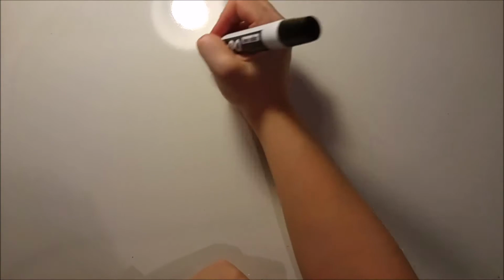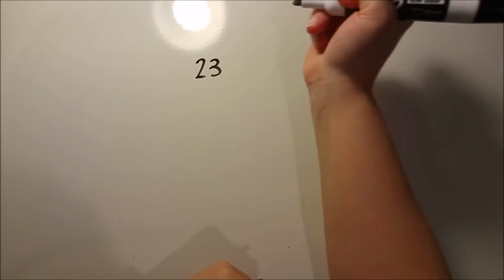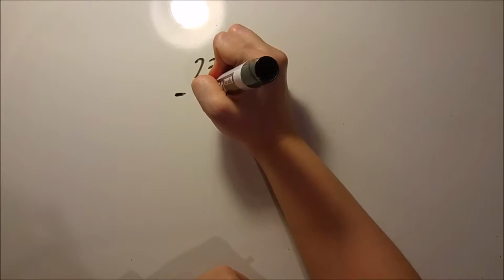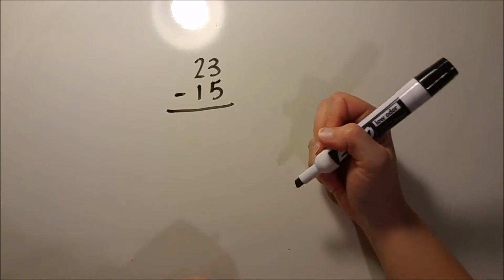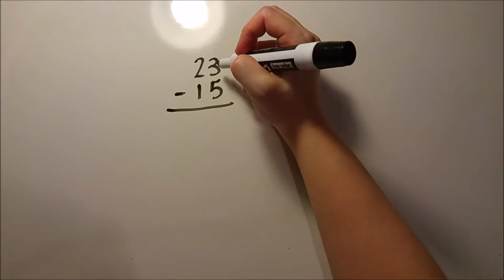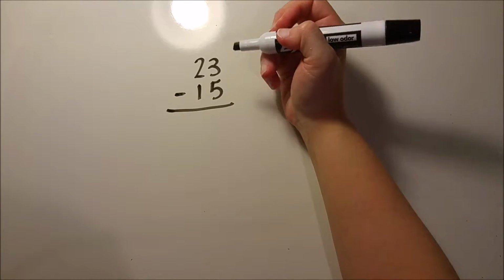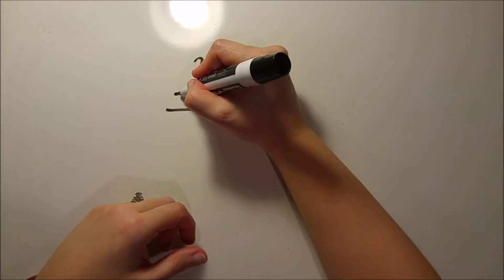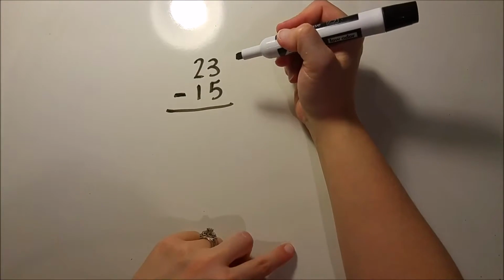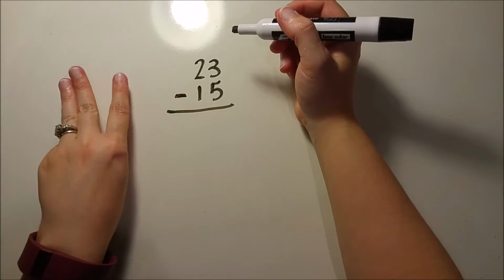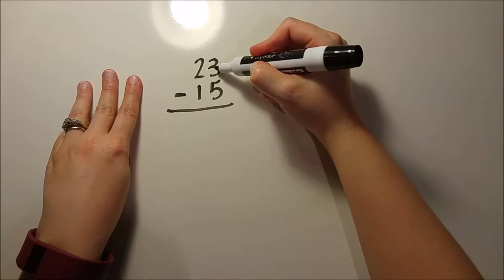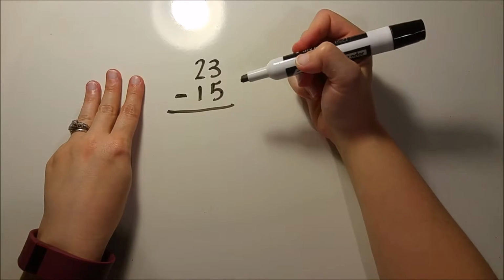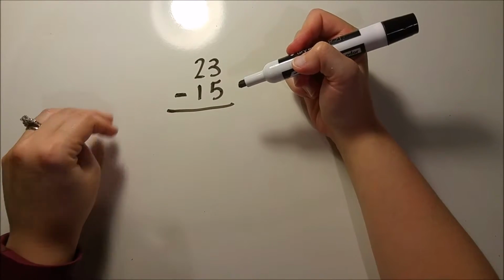So let's take our 23 again, and we're going to subtract 15 from it. Okay, so 3 minus 5. Remember, addition order doesn't matter, but subtraction, it does. If you have 3 things, 3 ones in this case, and you want to take away 5 things, you can't do that.